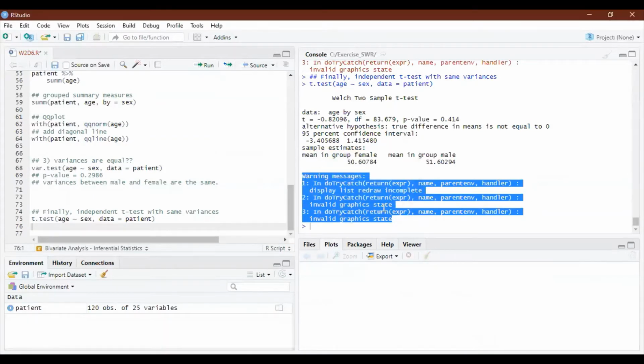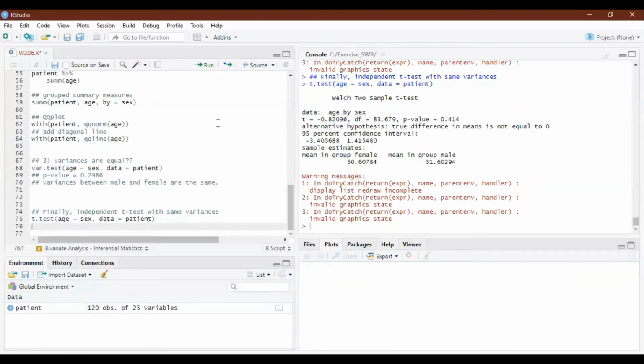We see that it is a Welch two sample t-test, and there is a t value instead of a z value. It is the same as the test statistic z that we saw yesterday. Based on this, we look at the p-value.